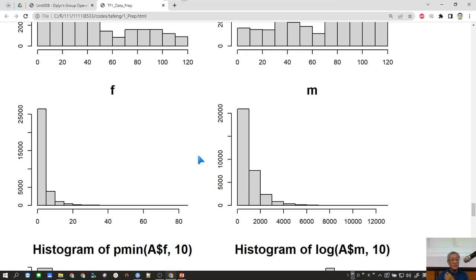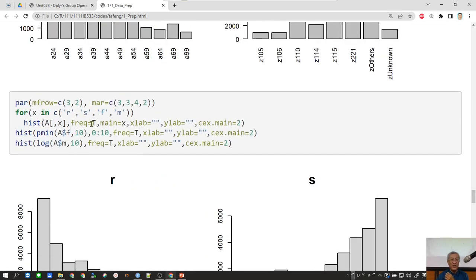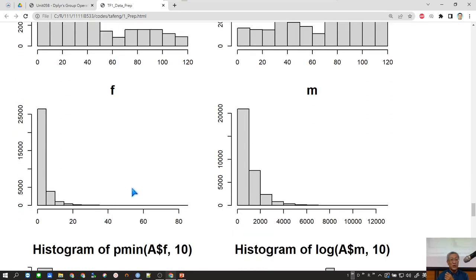No, because we are doing this from A, right? So we are talking about this customer. We have one customer here, right? That one customer is buying 80 times in 4 months. Yeah, that one customer is buying 80 times in 4 months.